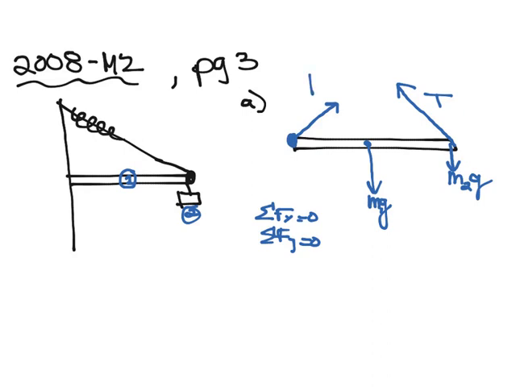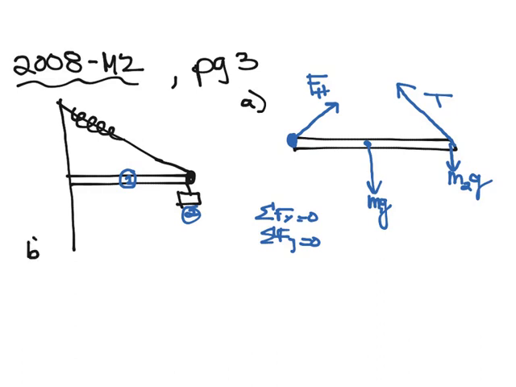So the force at my hinge cancels out the x part of my tension force, and it also cancels out my 2 mg's. Okay, so these will be my forces.